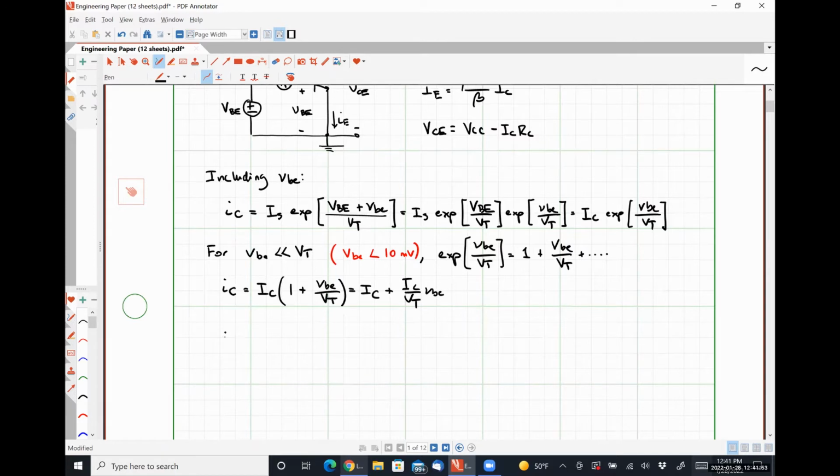The small signal current, lowercase ic, is then capital IC divided by VT times VBE, or what we're going to call gm times VBE.